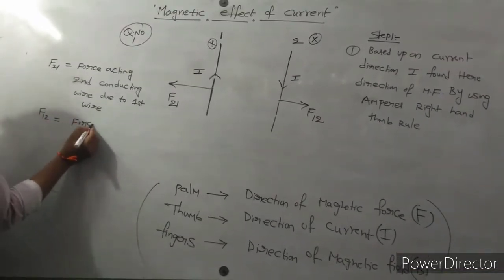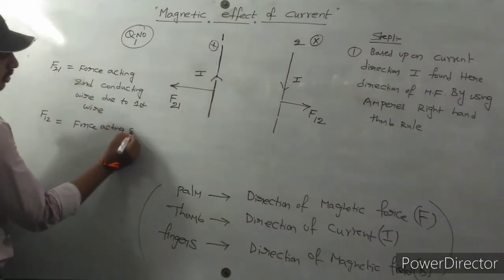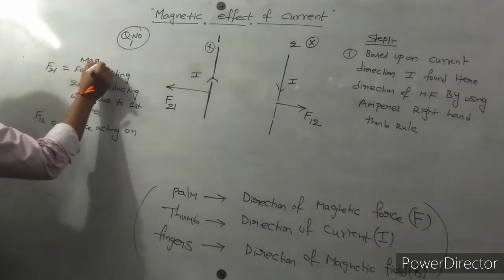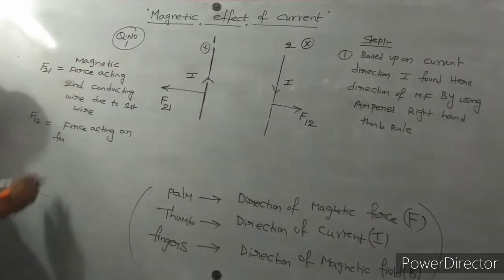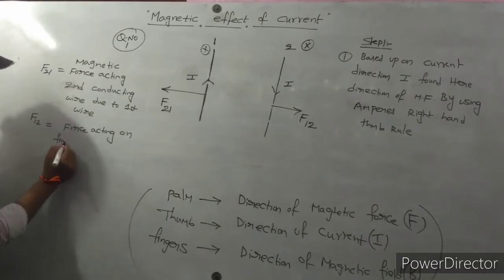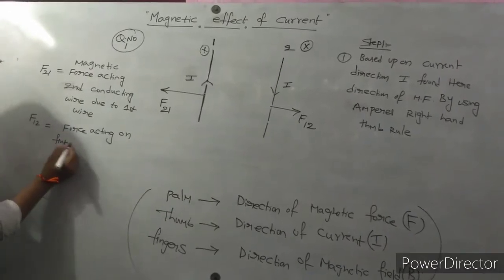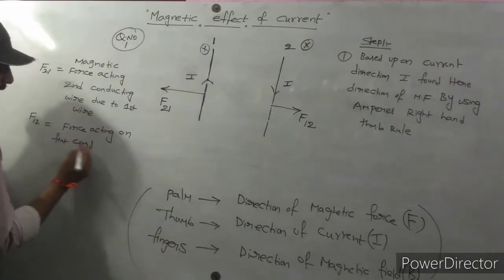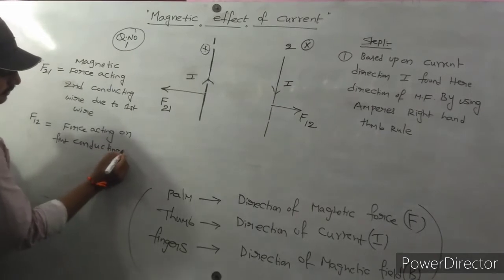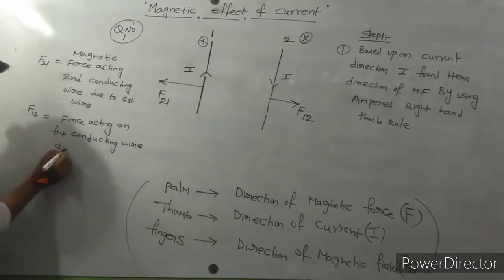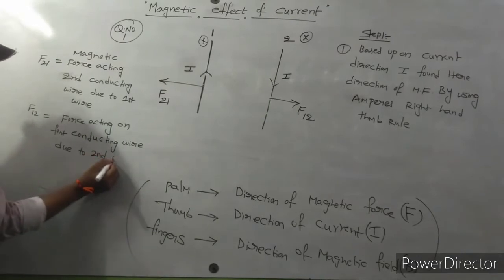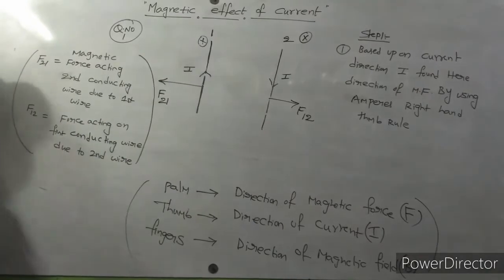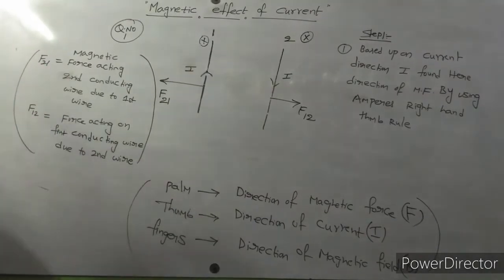Force acting on the first conducting wire. What force? Magnetic force. Magnetic force acting on the first conductor. F12 means force acting on the first conductor due to the second wire. Okay, so F12 and F21.